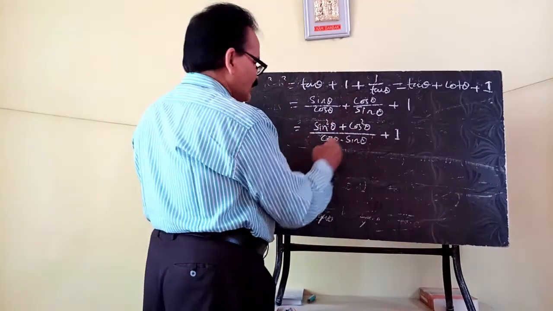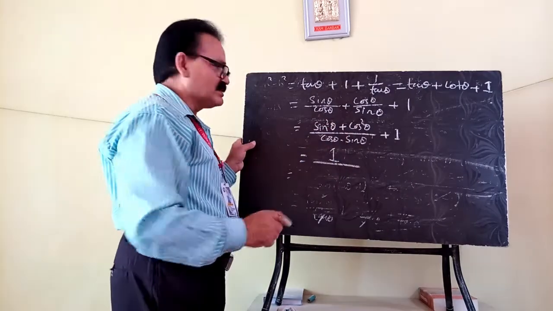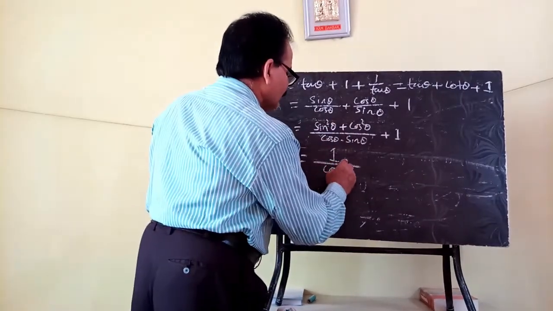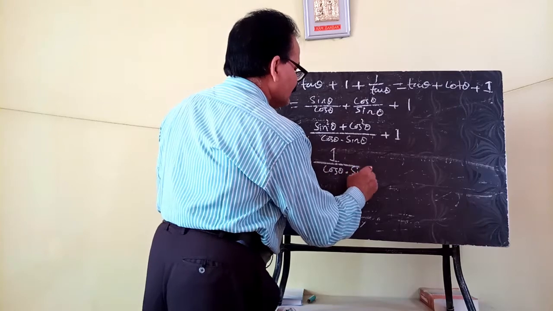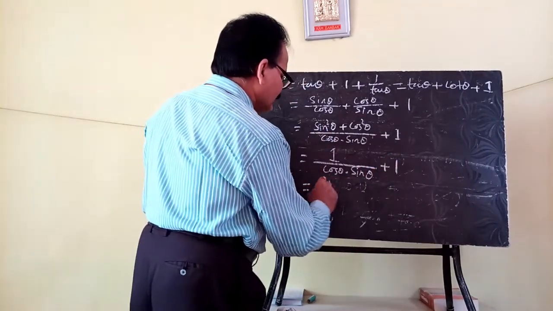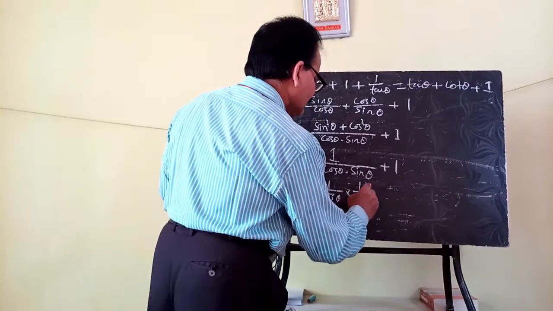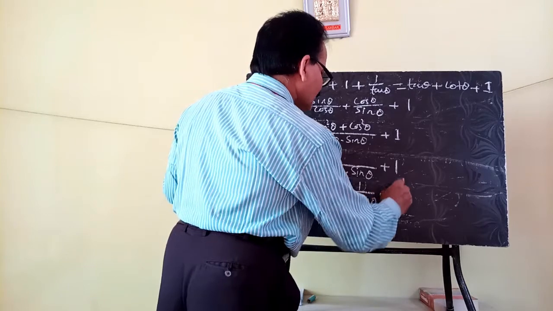In the numerator, you use the standard identity sin square theta plus cos square theta is 1. And in the denominator, this is cos theta into sin theta, plus 1. So you can again rewrite this as 1 by cos theta into 1 by sin theta, plus 1.